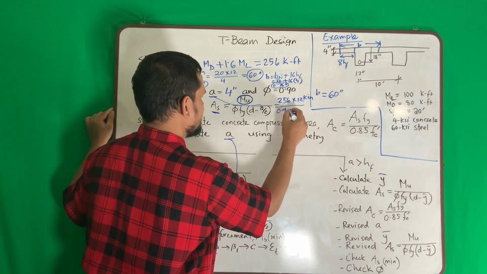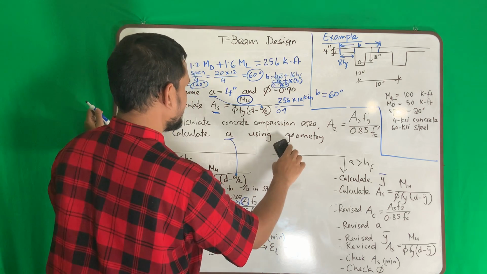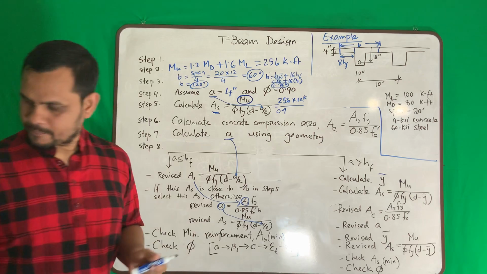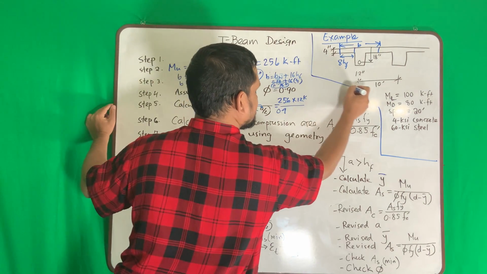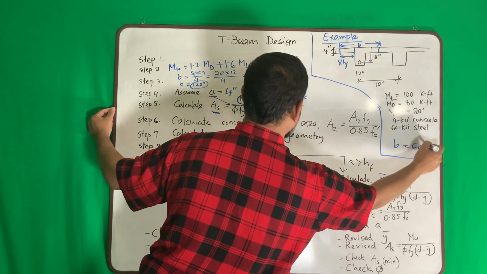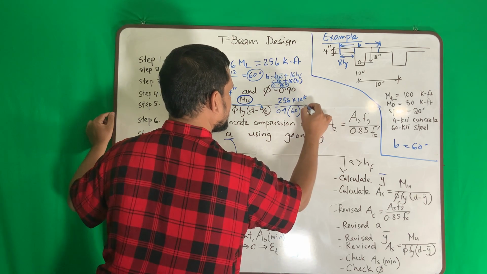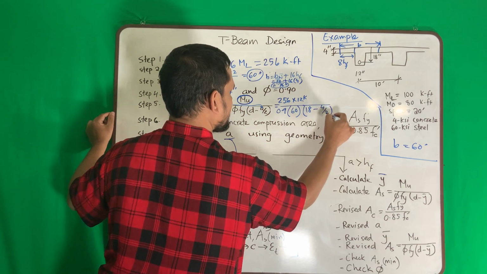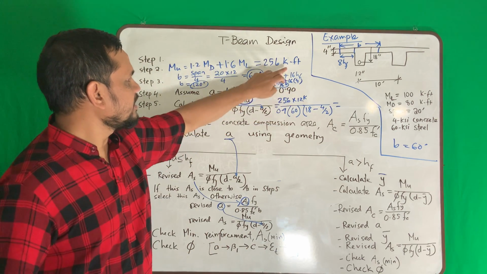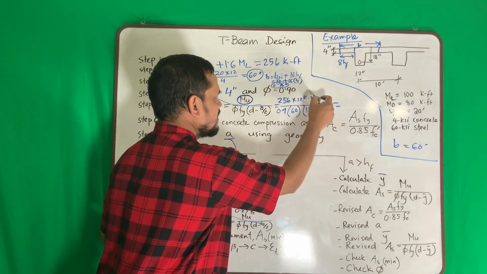Then 0.9, and our b is 60. So Mu is 256 kip-feet, I multiply by 12, it becomes kip-inch.